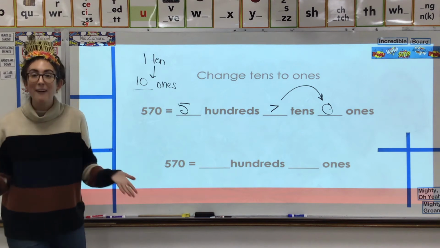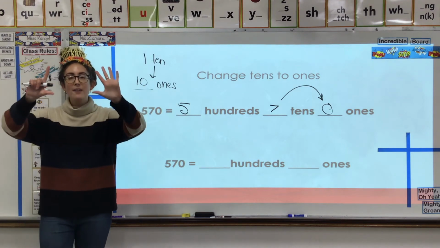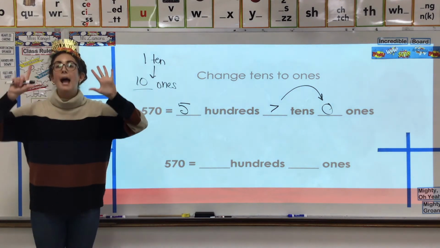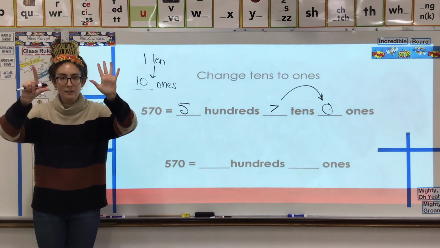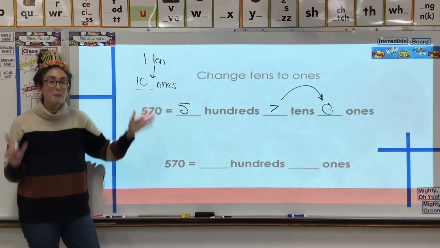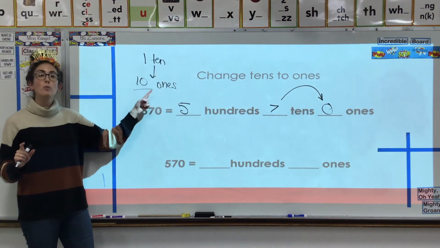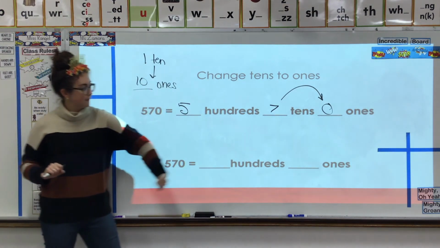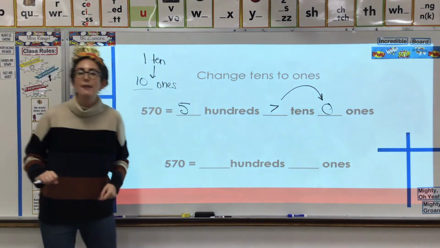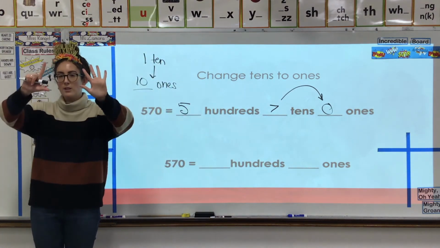We can count by 10. If we have 7 fingers up and we're thinking that each finger is a 10, when we count by tens, it will be like we're counting 10 ones for every finger, for each of these 7 tens. So let's go ahead and do that.